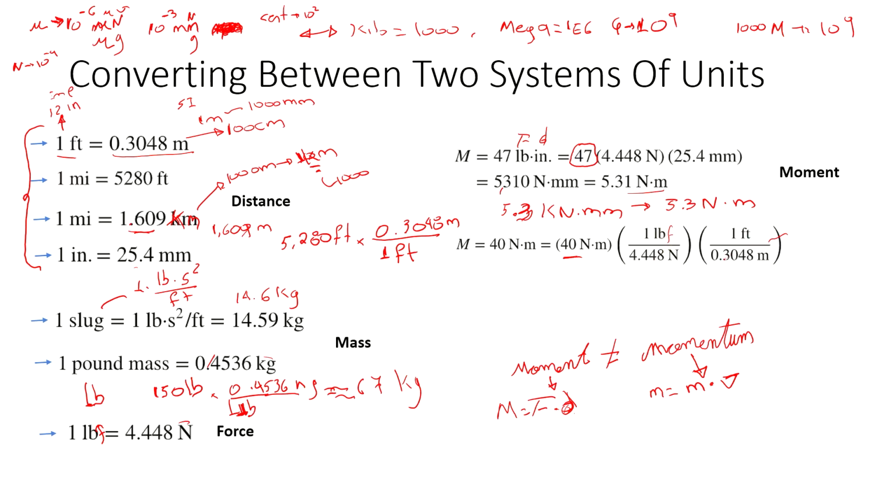And we know that 0.3048 meters is 1 foot. So if you do this, use your calculator, and that will give you the amount of moment in pound feet.